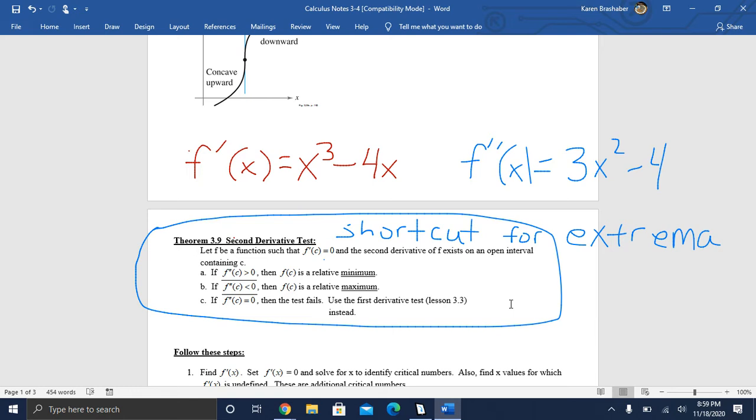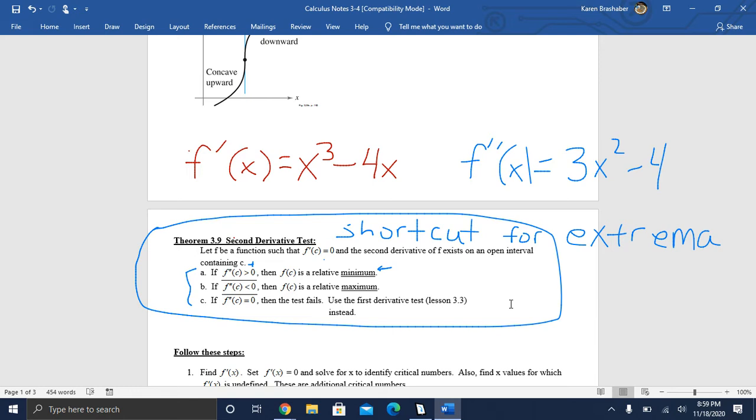And so the way that the second derivative test works is you have three conditions that you have to look at. First of all, make sure you realize all of these are about f double prime. If f double prime is positive, then you have a relative min.